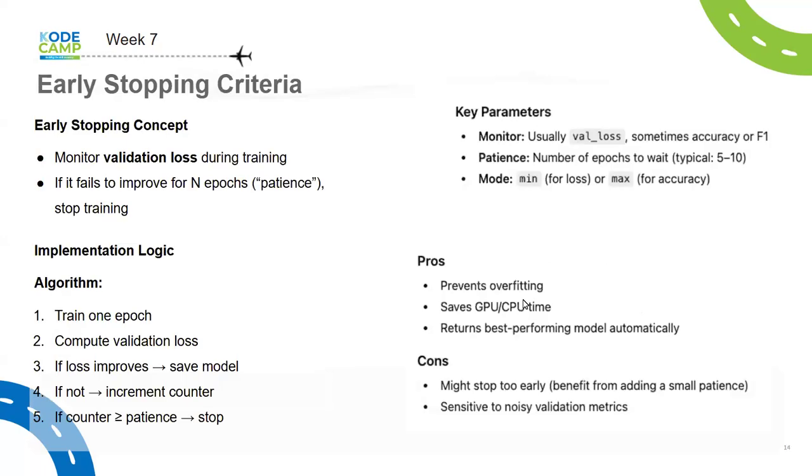Okay. So all of that is what we call early stopping. Early stopping is basically monitor validation loss during training. If it fails to improve for n epochs, so n epochs is what we call patience. You're saying, I'm going to wait for this number of epochs. If the validation loss fails to improve, or if it stays the same or starts rising, then stop training. Okay.